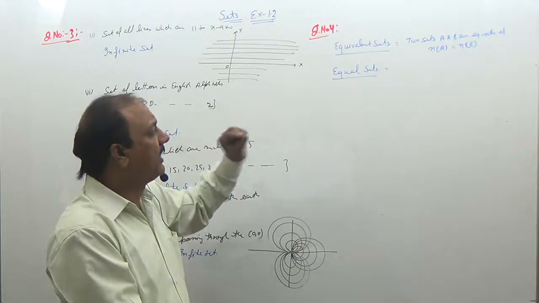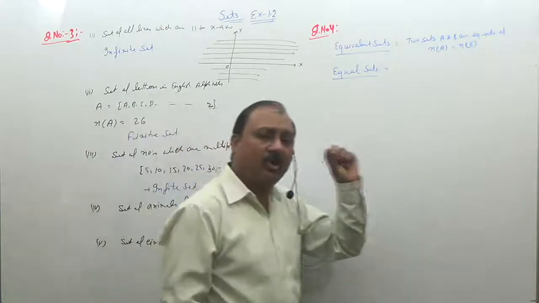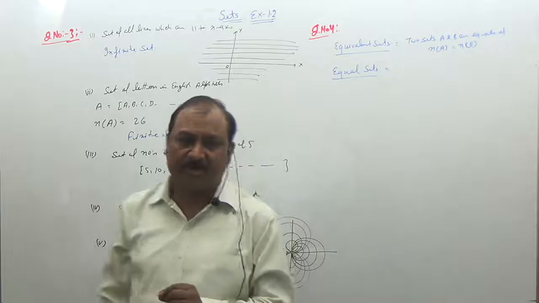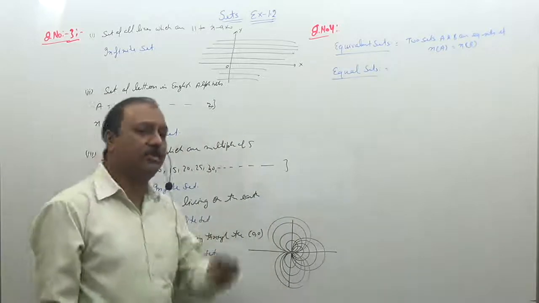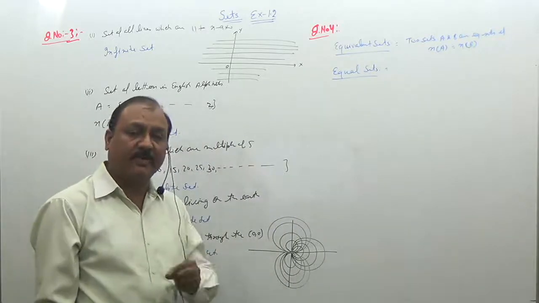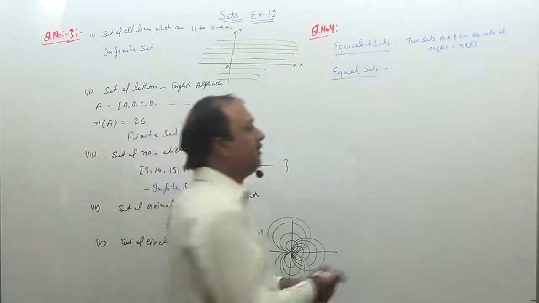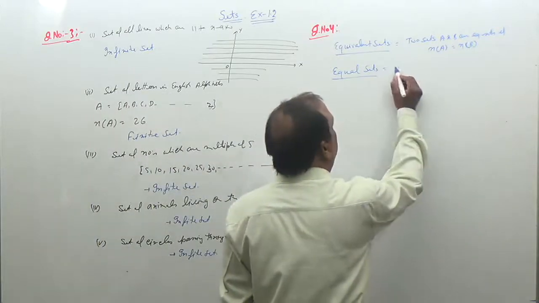But here we consider only the cardinal number. We consider only the number of elements of both the sets. So if the number of elements of both sets is the same, we call these sets equivalent sets.